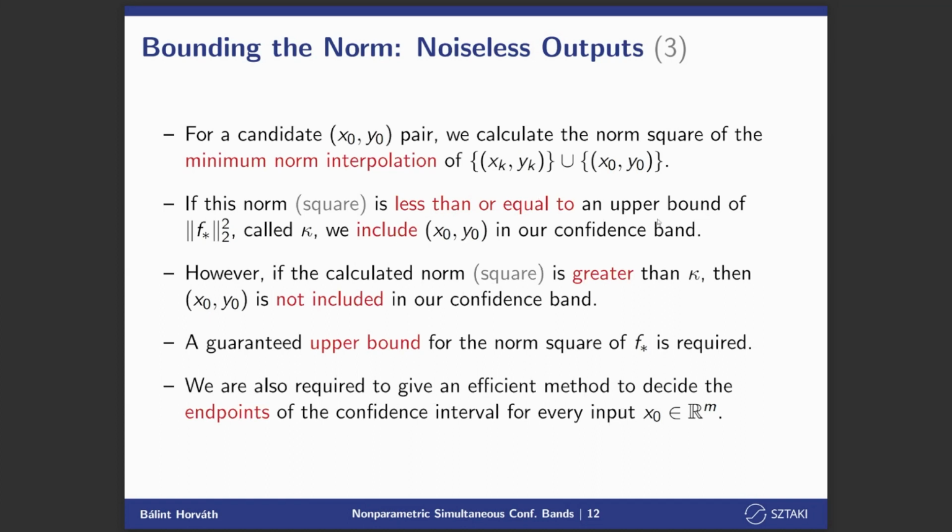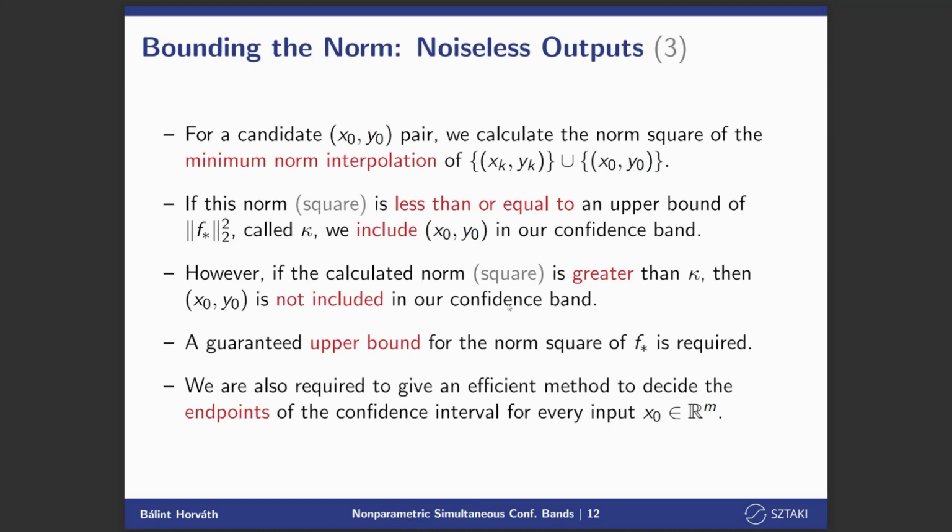And after we have calculated this norm, we check if that norm is less than or equal to a calculated upper bound. If it is, then we include that candidate pair in our confidence band. But if it is greater than our calculated upper bound, then we do not include it in our confidence band.